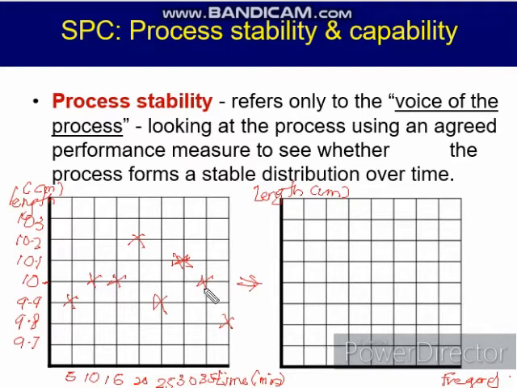So basically, I can count how many pencils have a 10 cm length or 10.1 cm length, and so on, and transfer those data into this histogram chart.